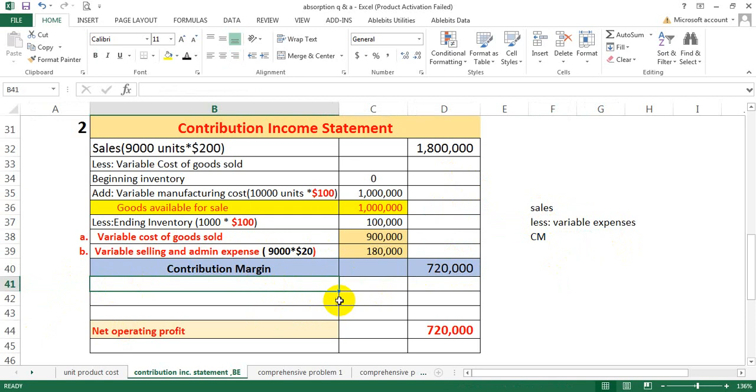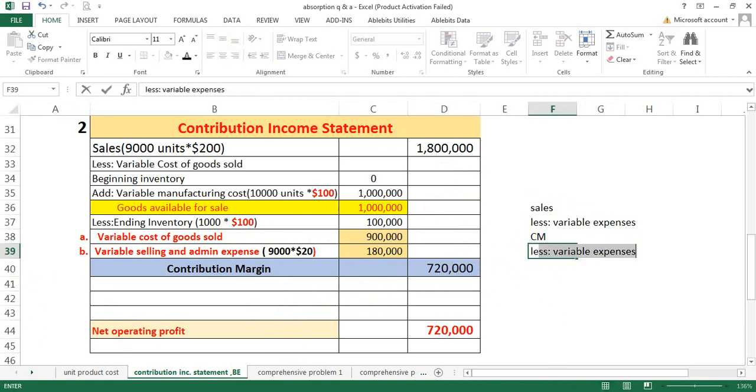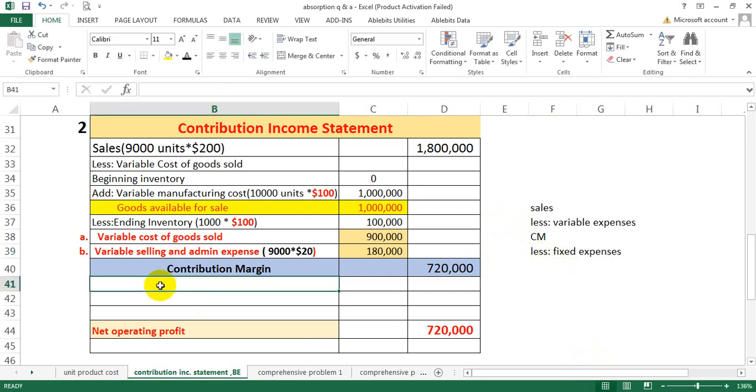Okay, understand. After the contribution margin, we subtract fixed expenses, right? And what is my fixed expense here? See in the question, less fixed expenses. We have two types of fixed expenses.